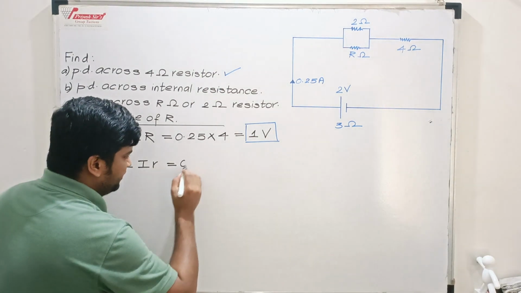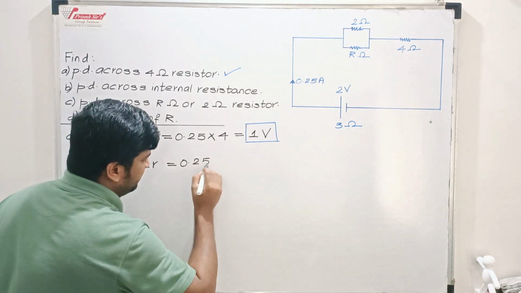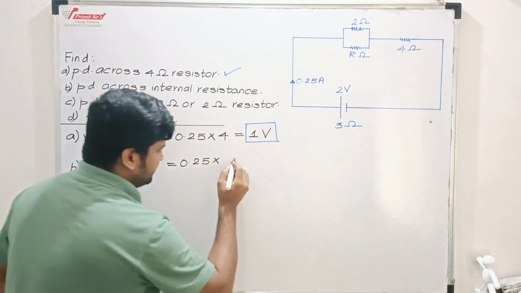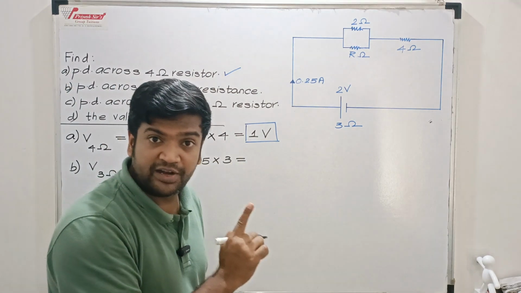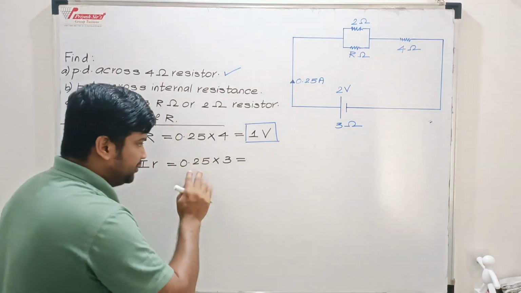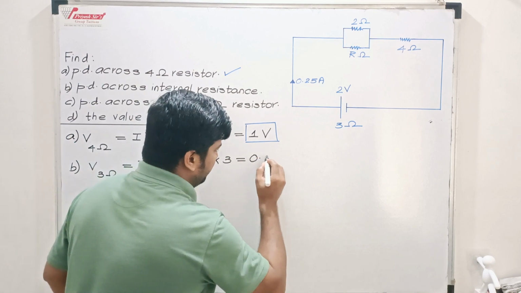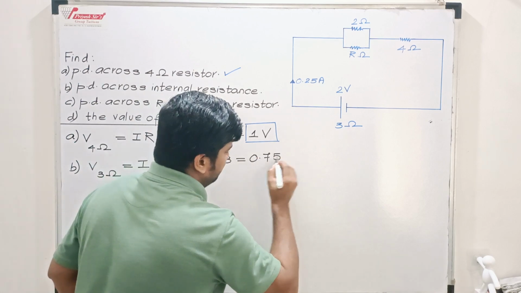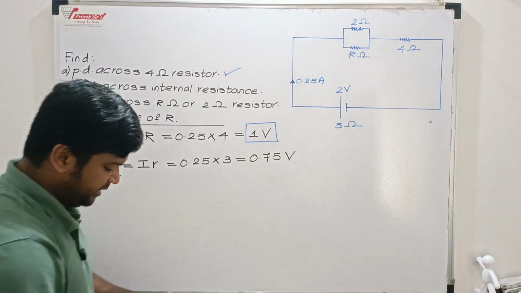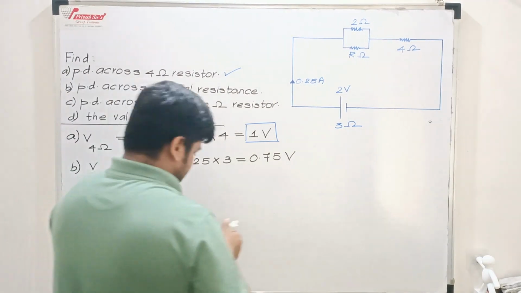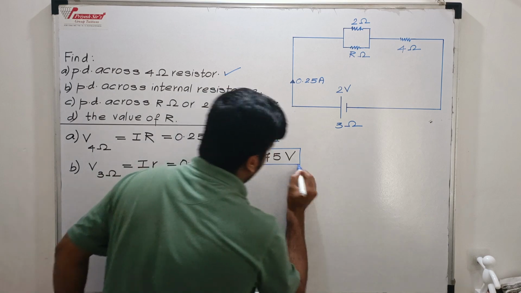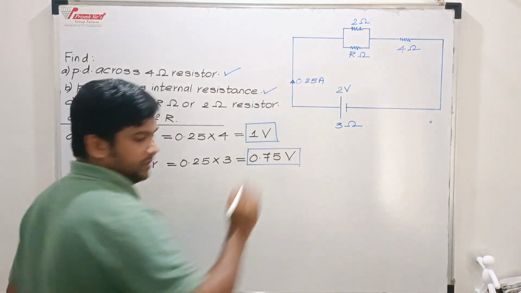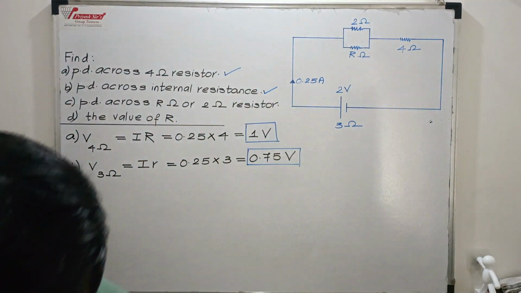Now I is given 0.25 into internal resistance is 3. 25 3s are 75. After decimal 2 digits, so it would be 0.75 volt. Okay, this is the second one done.